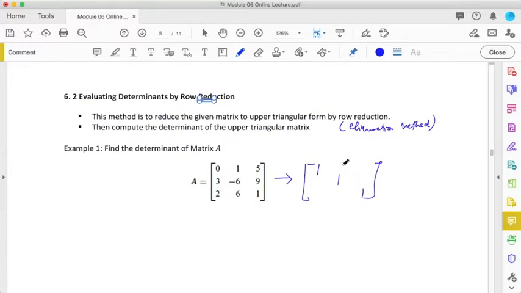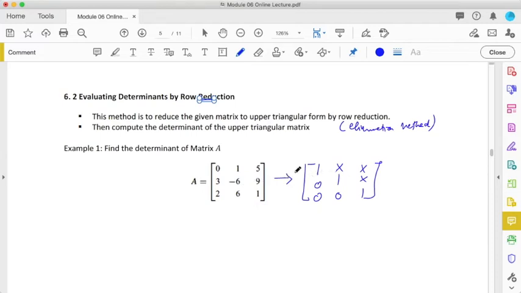For the upper triangular matrix, you can have any values on the upper right side, and for the lower left side of the matrix, you have it become 0. So this is the form that we want to reduce to before we find the determinant of this matrix.